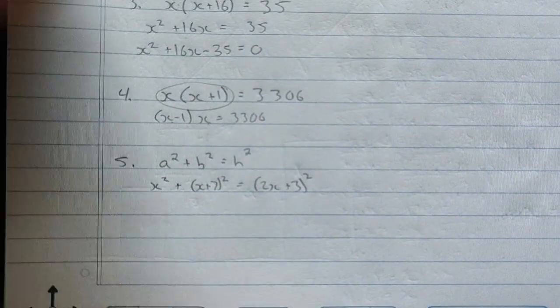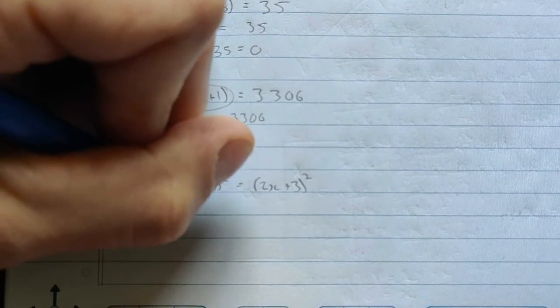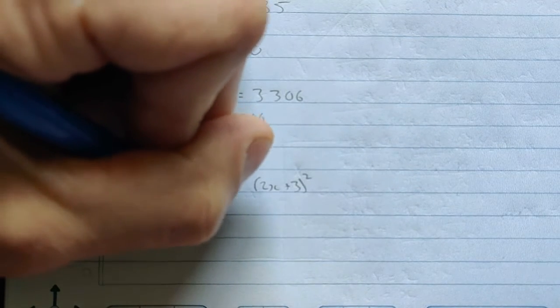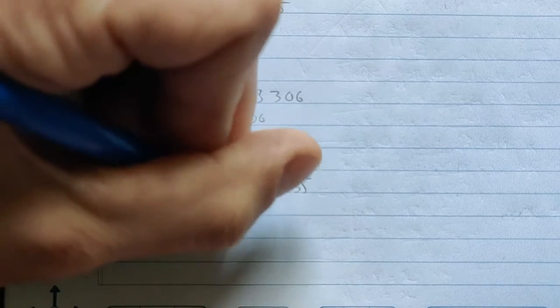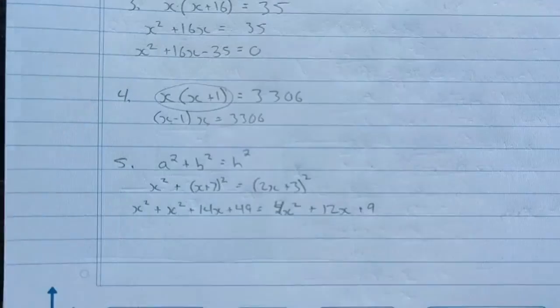And so then what you would do is you'd expand all these out, right? You'd get x squared plus 14x plus 49 equals 4x squared plus 12x plus 9.